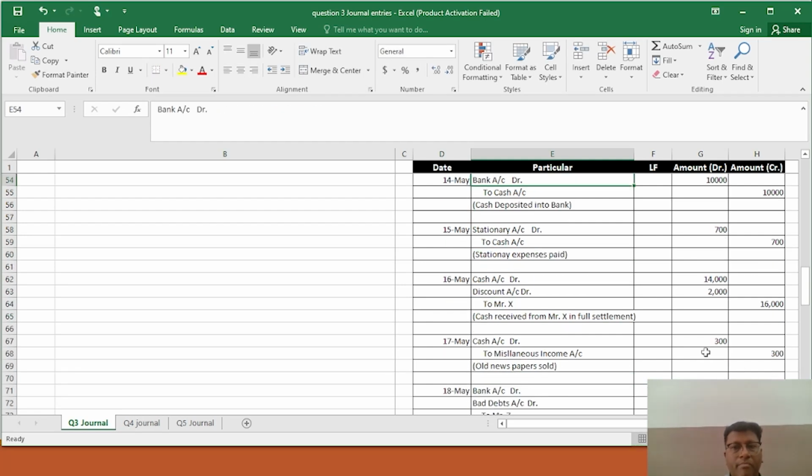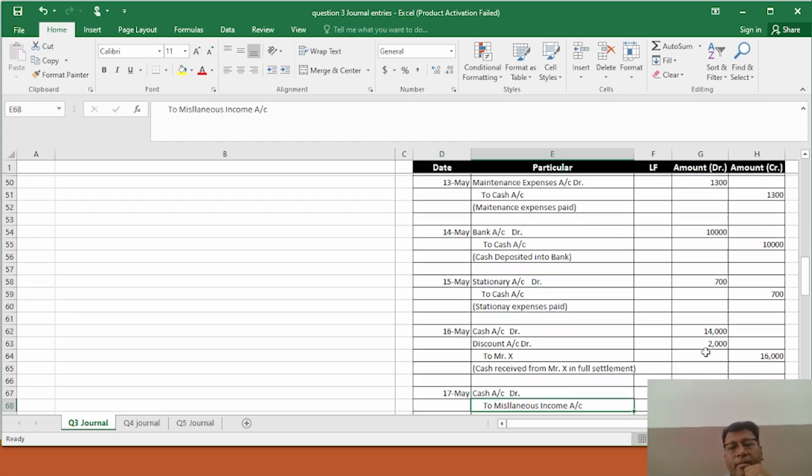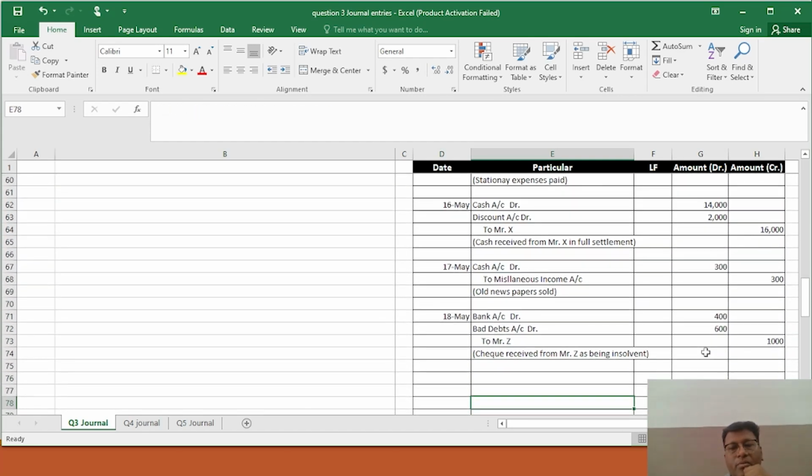So you have to mention this was the case on 18th May, and on 19th May the salary is due to the clerk. Okay, again a new case, salary is due, you are not paying, right? So on 19th May salary is due, so salary account debit to outstanding or due salary, right?